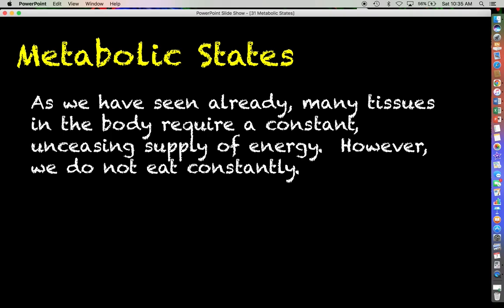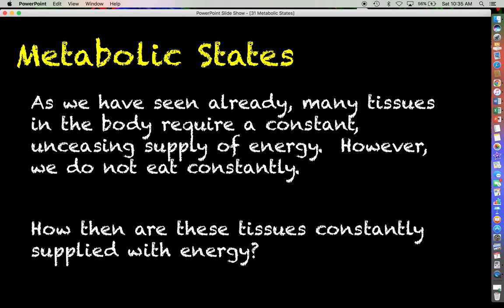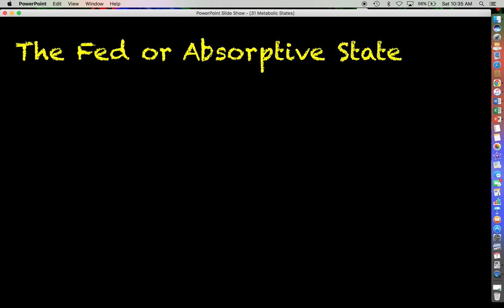So those are two major examples of tissues and organs that have to constantly be supplied with nutrition so that they can generate enough ATP energy in order to power their cellular processes. But the reality is that much as we might like to, we are not eating constantly. So the question then becomes, how are these tissues constantly supplied with energy if we are not eating constantly?